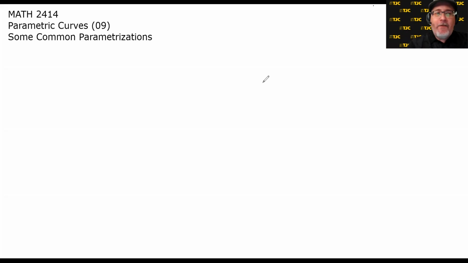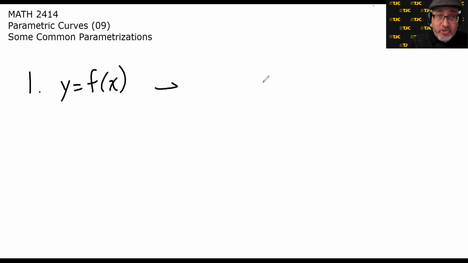All right, the first is if you have an equation that is literally a function, y equals some function of x. There's a common, dare I say, trivial parameterization. You could say that x is equal to t and y is equal to f of t.